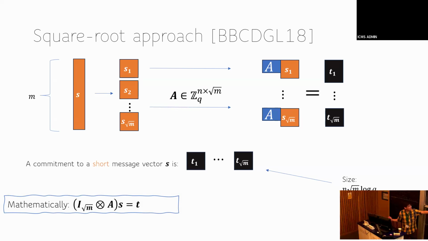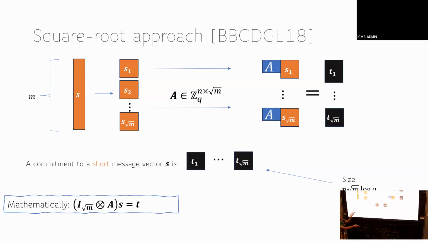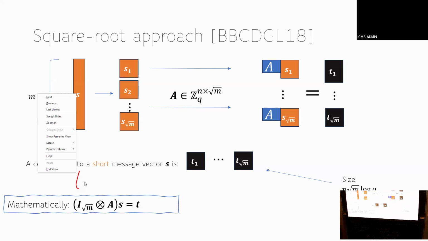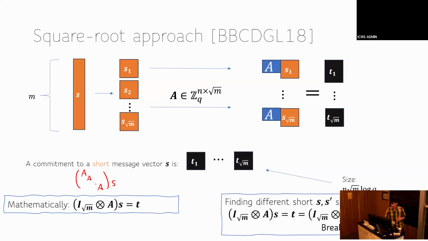So mathematically, I take this S, and on the left, I multiply it with this matrix, where on the diagonals, I have A. Okay, so that's the same thing. And it can be shown that if you can find different short vectors S and S prime, and you get this equation, then you can break SIS for the matrix A.